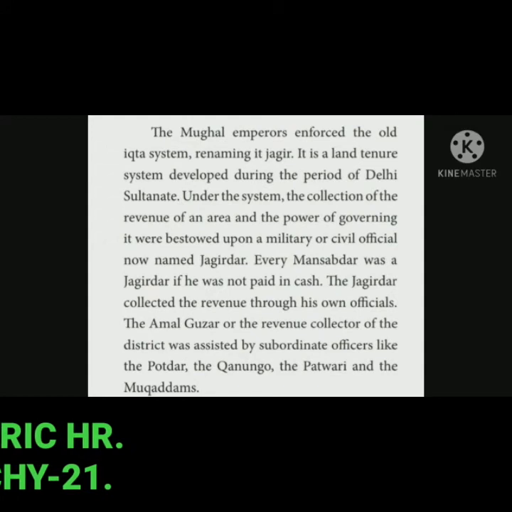Next, the Mughal emperor enforced the old Iqta system, renaming it Jagir. It is a land tenure system developed during the period of the Delhi Sultanate.